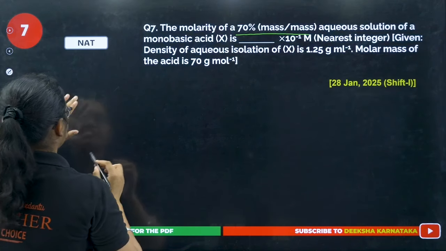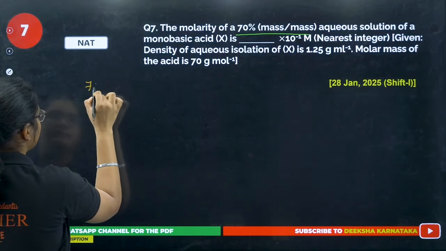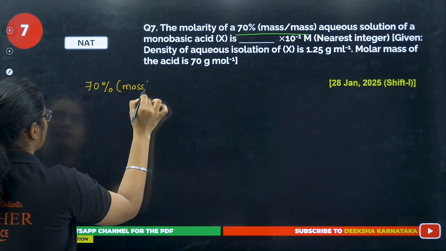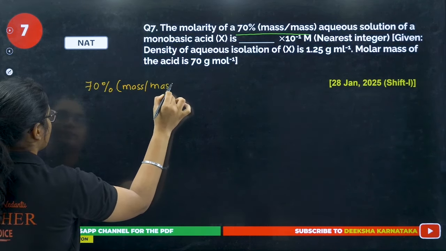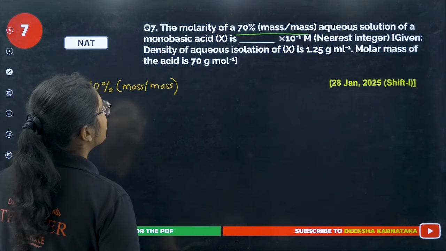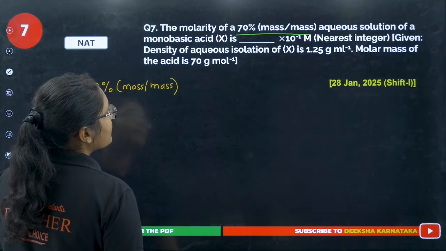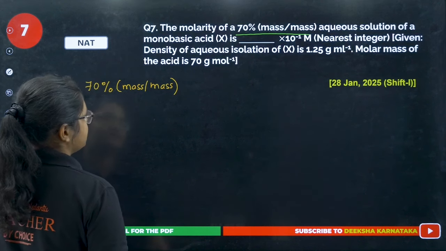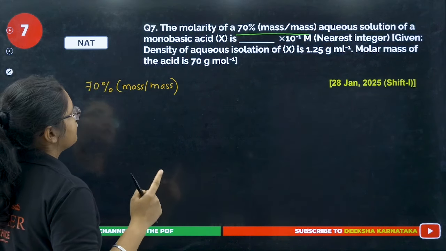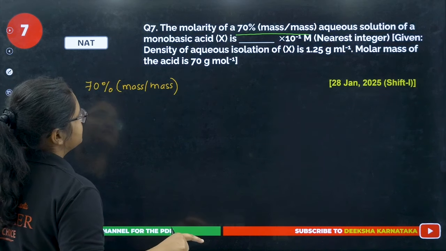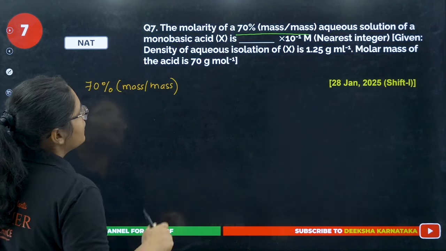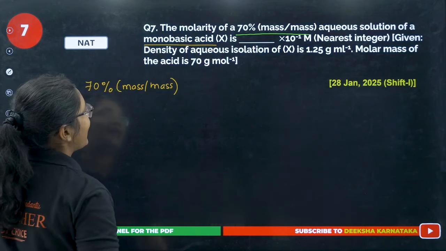So first see here, if I have 70% mass by mass, the molarity of a 70% mass by mass aqueous solution of a monobasic acid X. So if I have monobasic acid X, right?